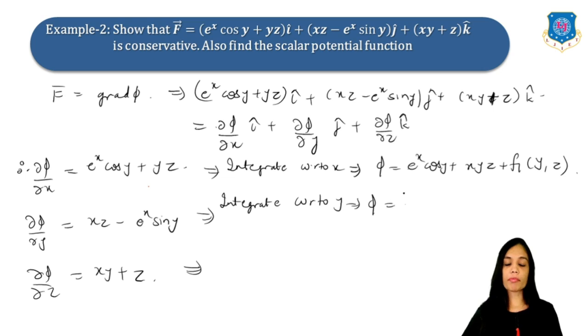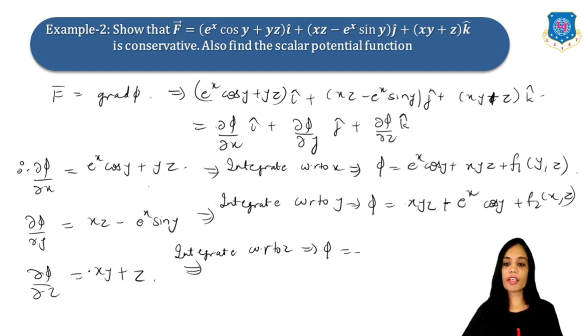So your phi will be xyz minus e raised to x, and the integration of sin y will be minus cos y, so plus cos y plus f2 of x comma z. Lastly, you have to integrate with respect to z. So your phi will finally be xyz plus z square by 2 plus f3 of x comma y.